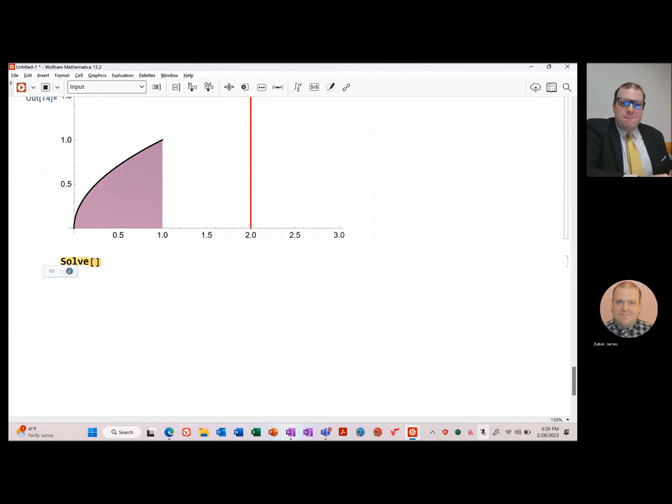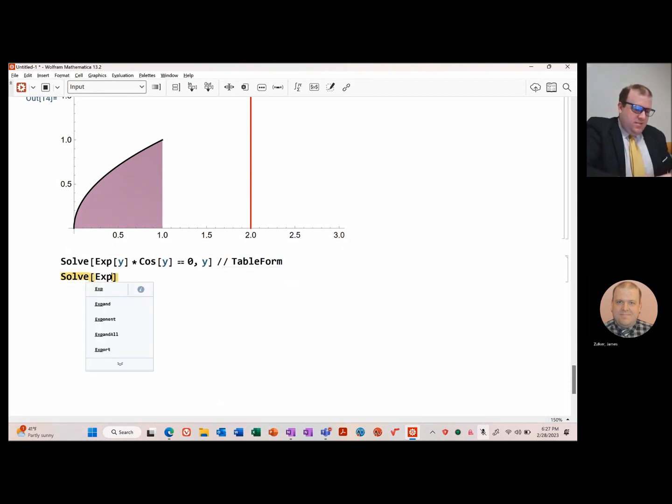Solve e to the y times cosine of y equal to 0 for y. You do table form. And then solve e to the y times cosine of y equal to pi for y.